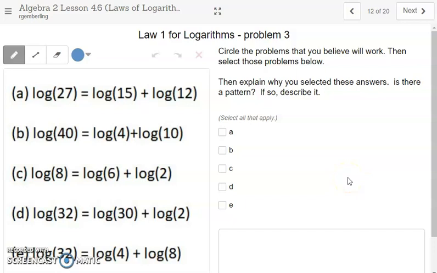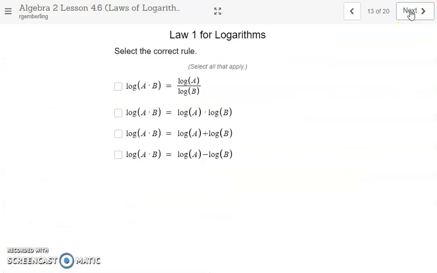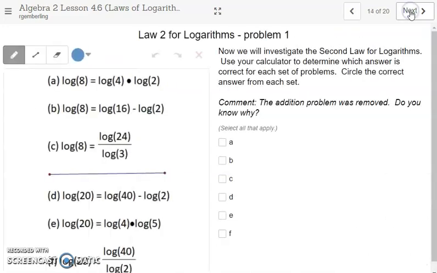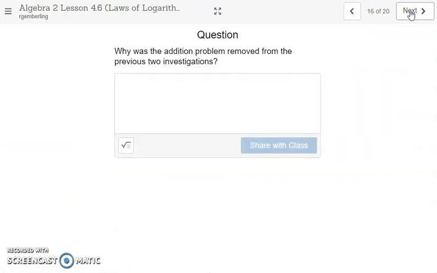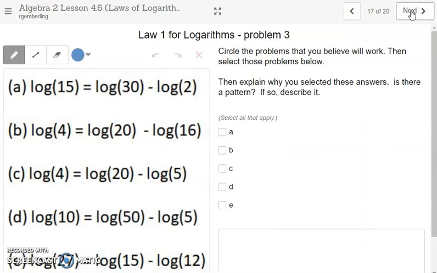So go ahead and complete this set of problems. The next screen is going to ask you to determine which of the rules here is the one that you're using for the first law. When you advance to the second next screen, screen 14, you're going to be introduced to the second law and being asked to go through a series of problems and then answer some questions as you're working through.